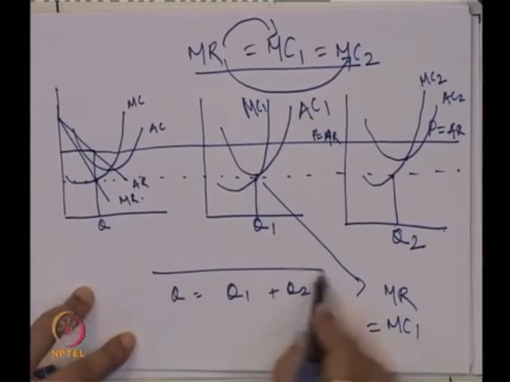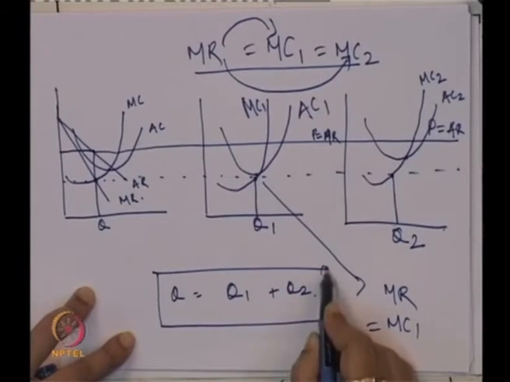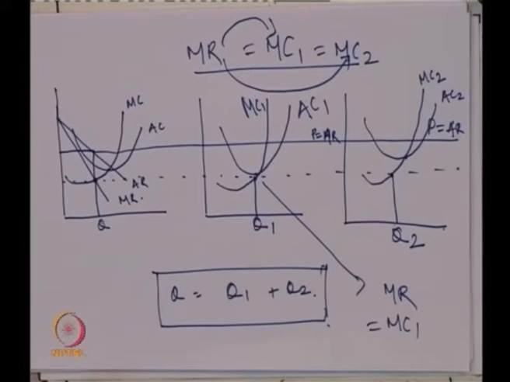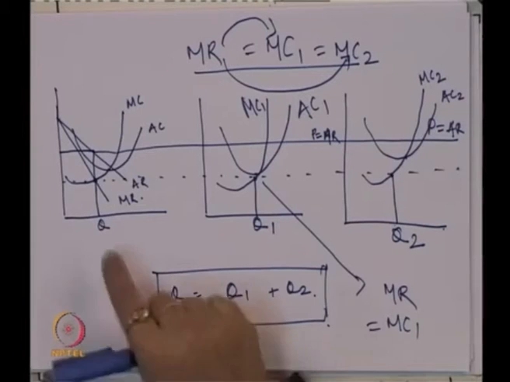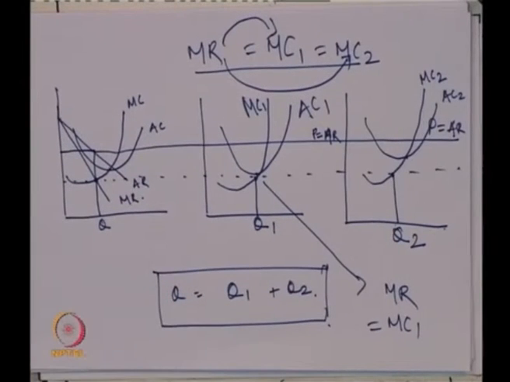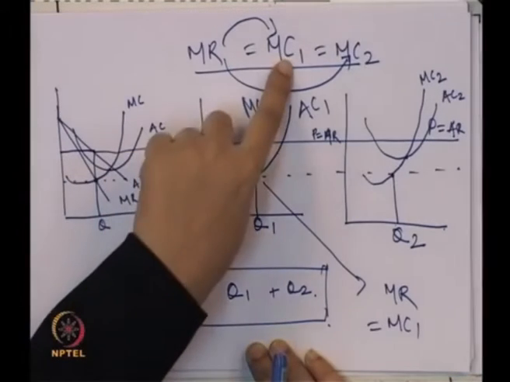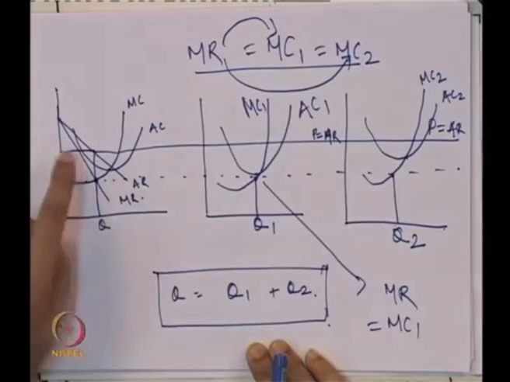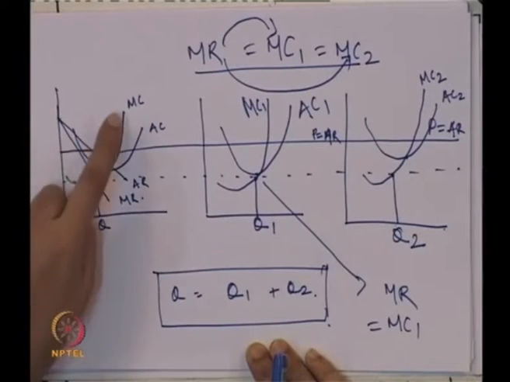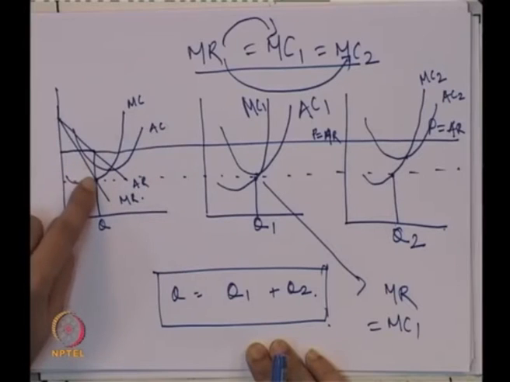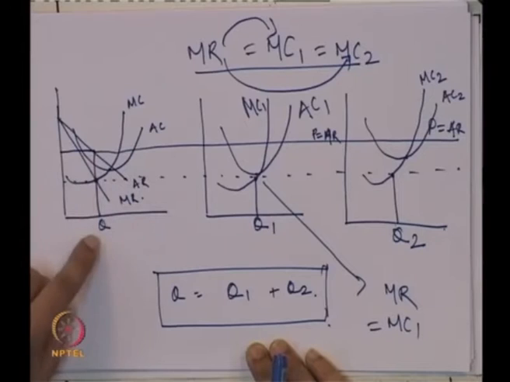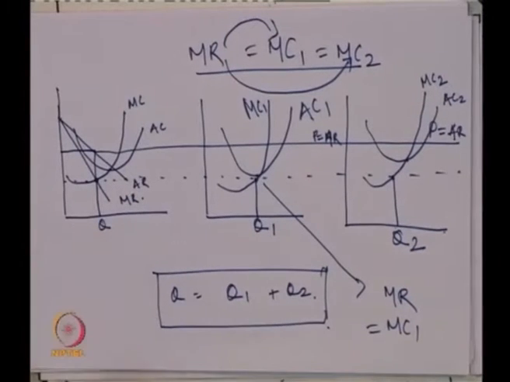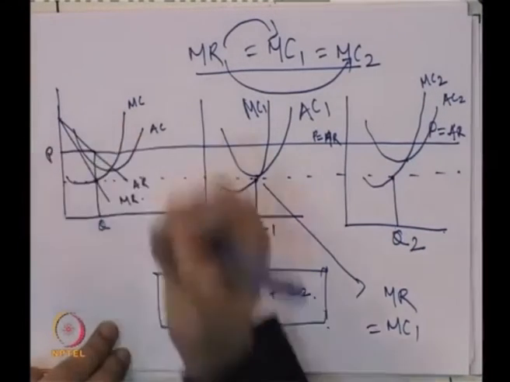So, Q is equal to Q1 plus Q2, and generally how this output is decided: initially, the total profit maximizing output Q is decided on the fact that marginal cost, which is the sum total of marginal cost 1 and marginal cost 2, is equal to marginal revenue. On that basis, following the marginalist principle, this is the equilibrium level of output, and this is the equilibrium price.